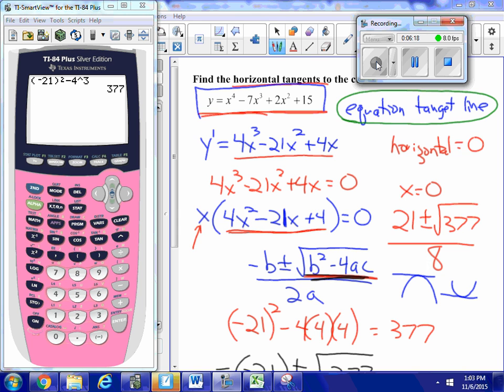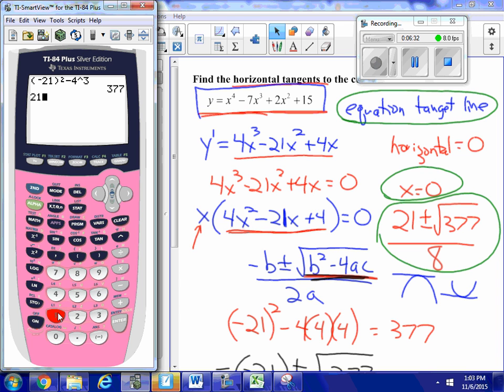Well, it's easy enough to know where x equals 0 is, but I really don't have much of a conception of what that number really is, 21 plus or minus the square root of 377, divided by 8. So I'm going to plug it into my calculator, and I go 21 minus the square root of 377.